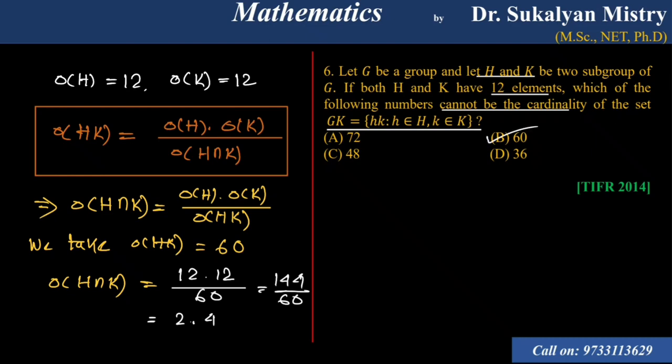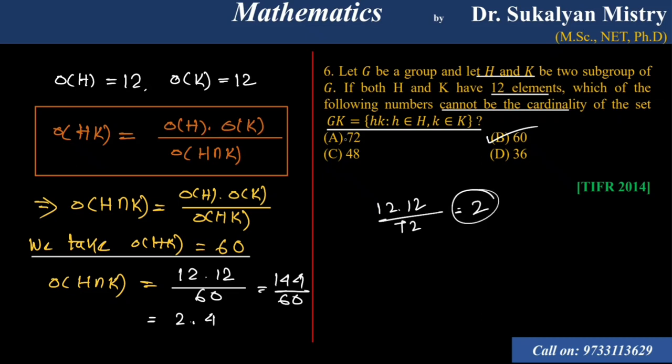So which of the following numbers cannot be the cardinality of the set HK? That is 60. Here we take order of HK equal to 60. But if we take order of HK equal to 72, we get 12 into 12 divided by 72, that is 2, which is an integer.